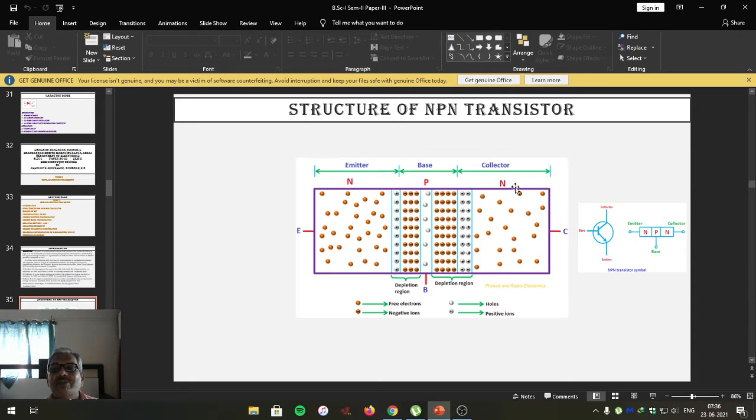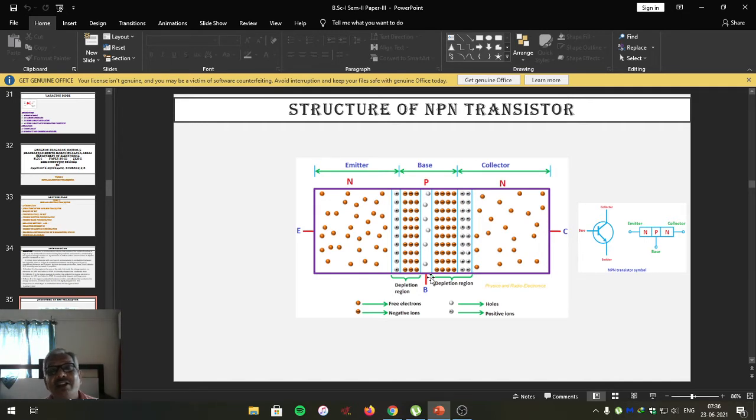Look at it. So this one is N type, this is N type. In between these two N type, there is a P type of semiconductor which is sandwiched. So this is an N region, this one is an N region. In between that, there is a P region. This is the sandwiched layer.